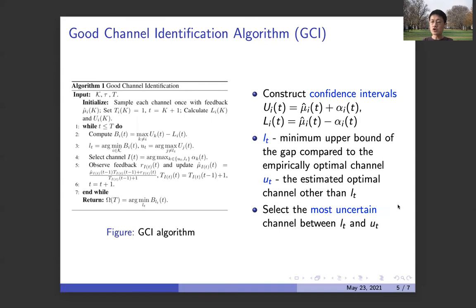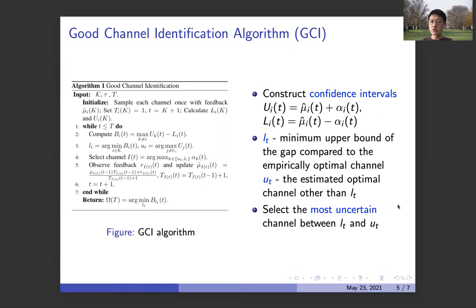And then we're computing two metrics. The first is I sub t. What is I sub t? This is the minimum upper bound of the gap compared to the empirically optimal channel. So we look at the minimum value of the upper confidence bound minus the empirically best channel at this moment. The second, U sub t, is the estimated optimal channel that is not I sub t.